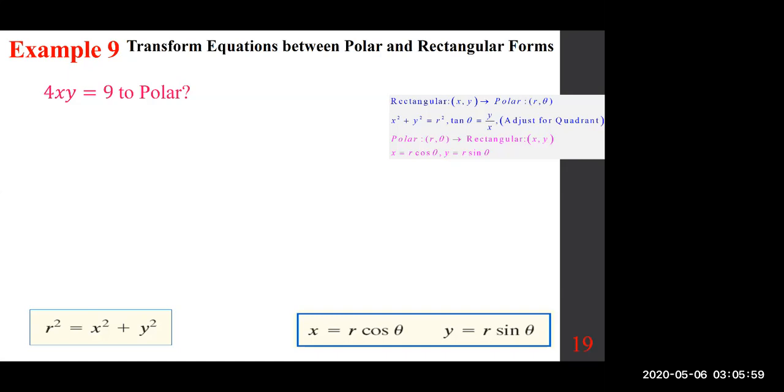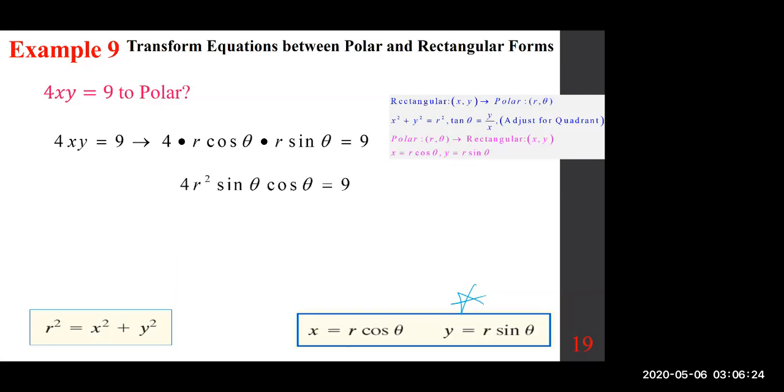It becomes r sine theta. That's all. So you replace the x, you replace the y, and you just multiply them. You get 4 r squared sine theta cosine theta.